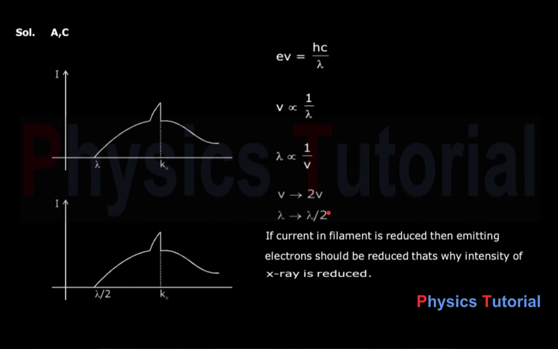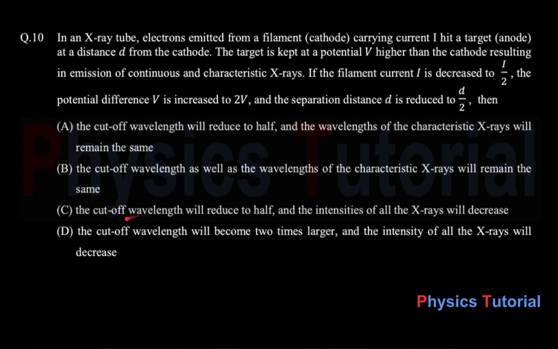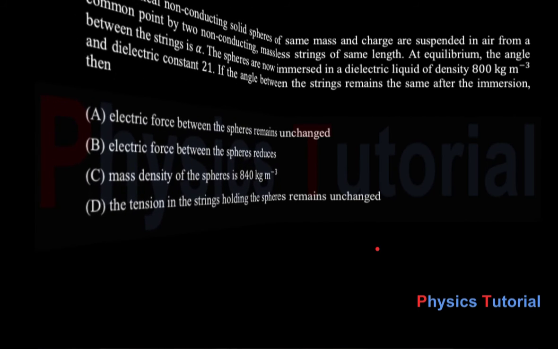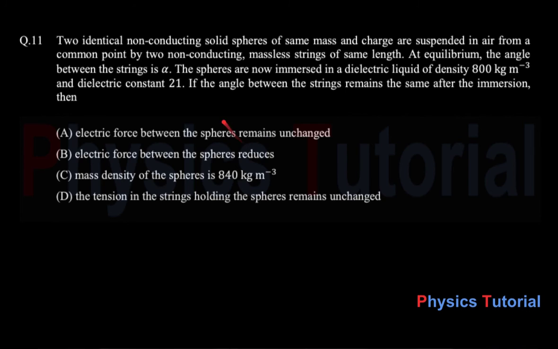So what we see over here in the A option, the cutoff wavelength will reduce to half, and the wavelengths of characteristic X-ray will remain the same. And in C option, the cutoff wavelength will reduce to half and the intensity of all X-rays will decrease. So A and C options are correct. From here it's obvious. Now check for question number 11.